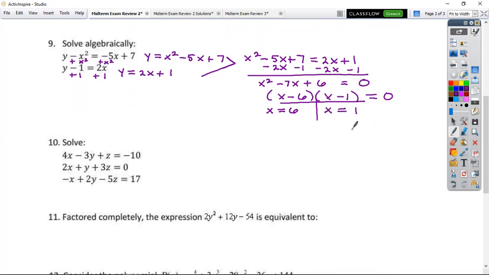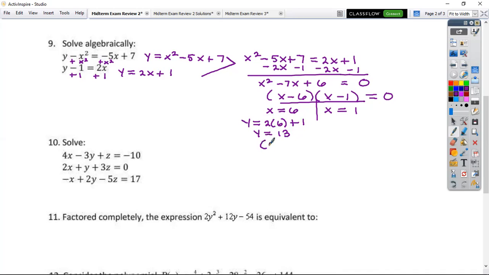What did we need for a question like this? They also needed y values. So lastly, you're going to sub in, and you're going to go y is equal to 2 times x plus 1. So this is going to be y equals 13.